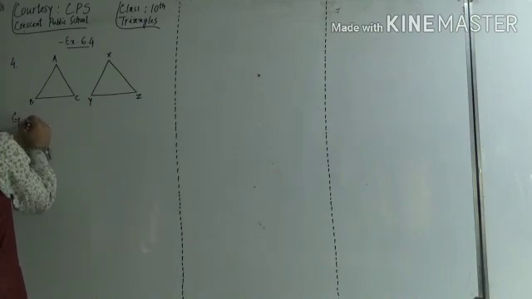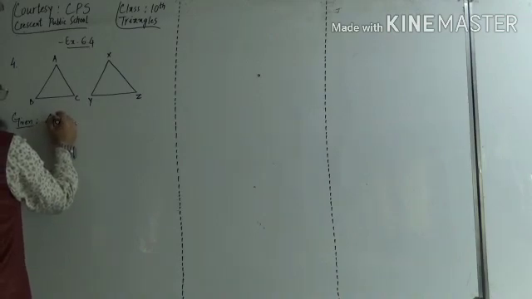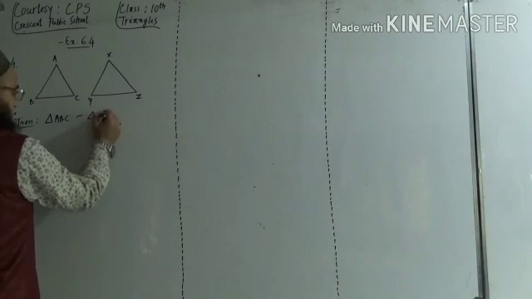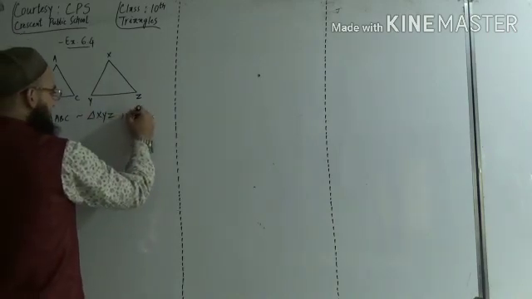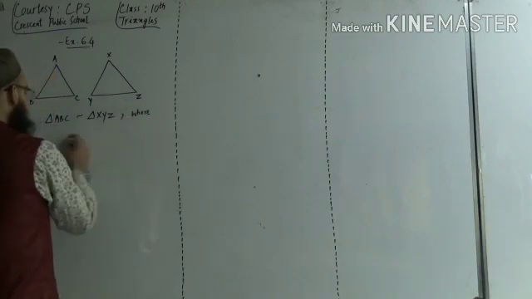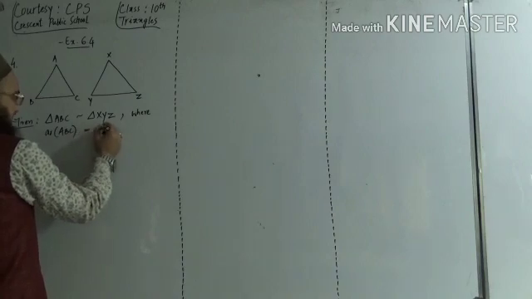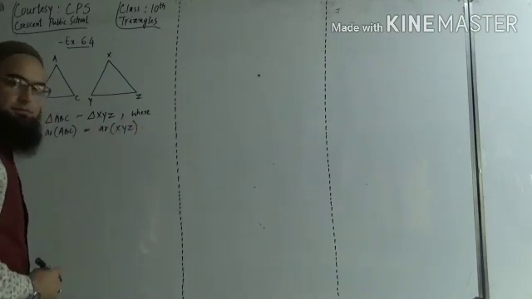So what is given? Triangle ABC is similar to triangle XYZ, where area of ABC is equal to area of XYZ.